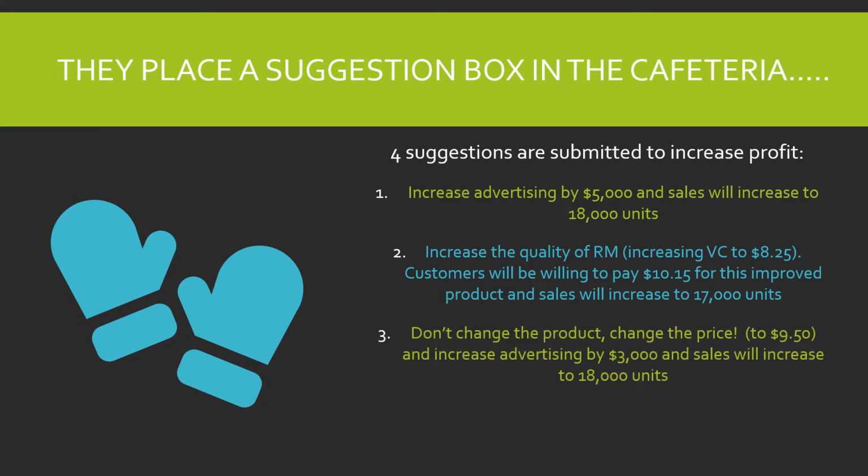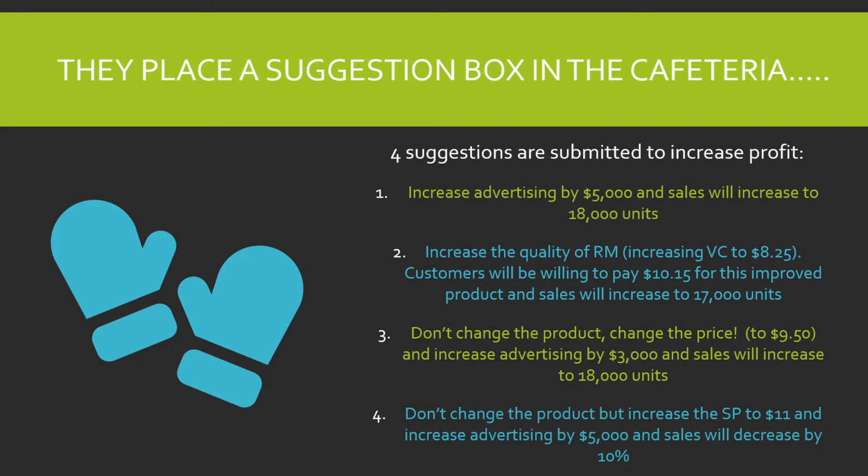Third suggestion is, okay, don't change the product. We got a crappy product. Just reduce the selling price so that it's more in line with people's expectations. Reduce the selling price from $10 to $9.50 and increase advertising by $3,000 to tell people you have reduced the price, and sales should increase to 18,000 units. And then the fourth suggestion is don't change the product, but increase the selling price to $11 a unit.